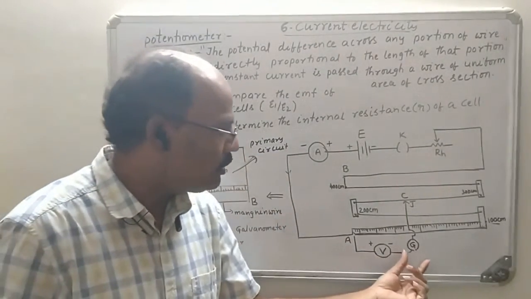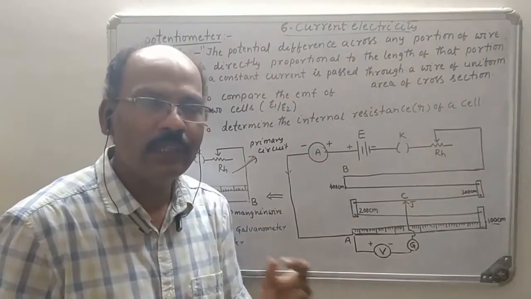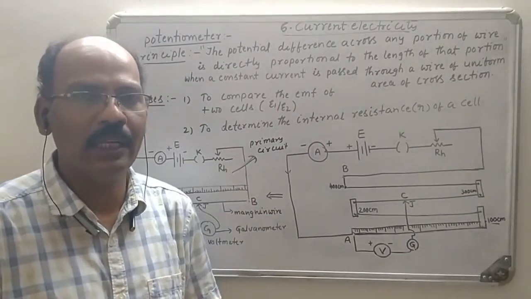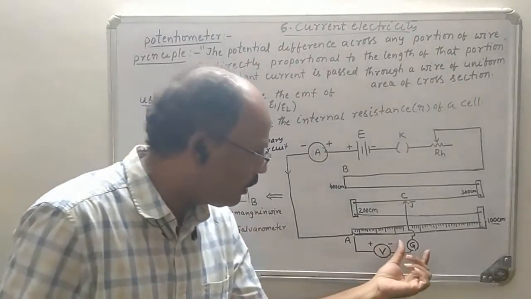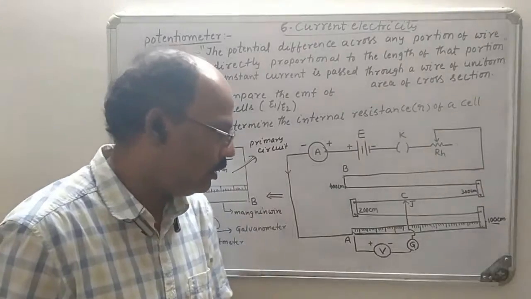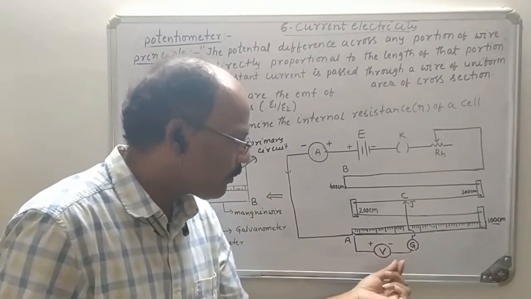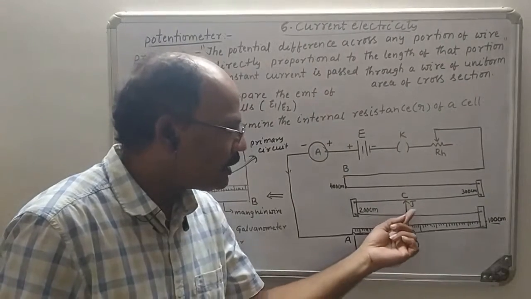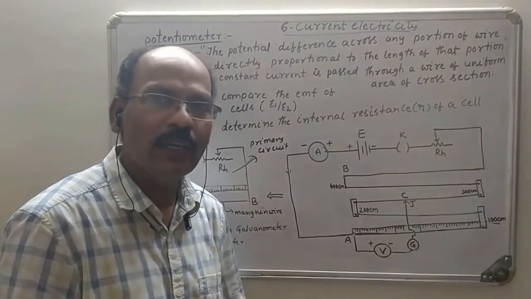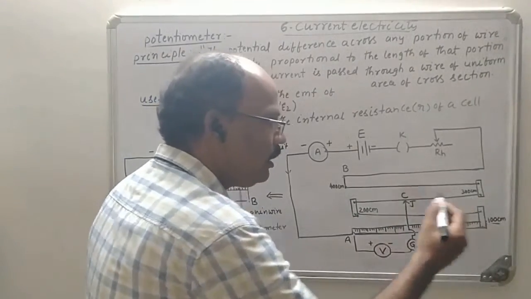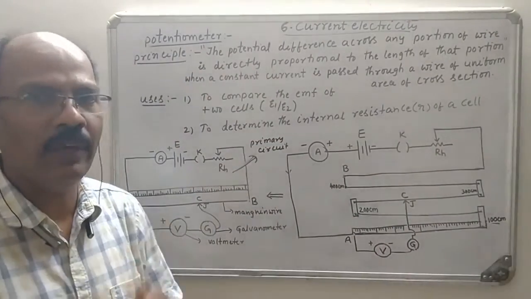The galvanometer is a device which is used to measure a small amount of current and identify the balancing condition when the current through the galvanometer is equal to 0. To measure the balancing length, we connect a galvanometer in series with the voltmeter with a slider or a jockey J that touches along the given potentiometer wire.